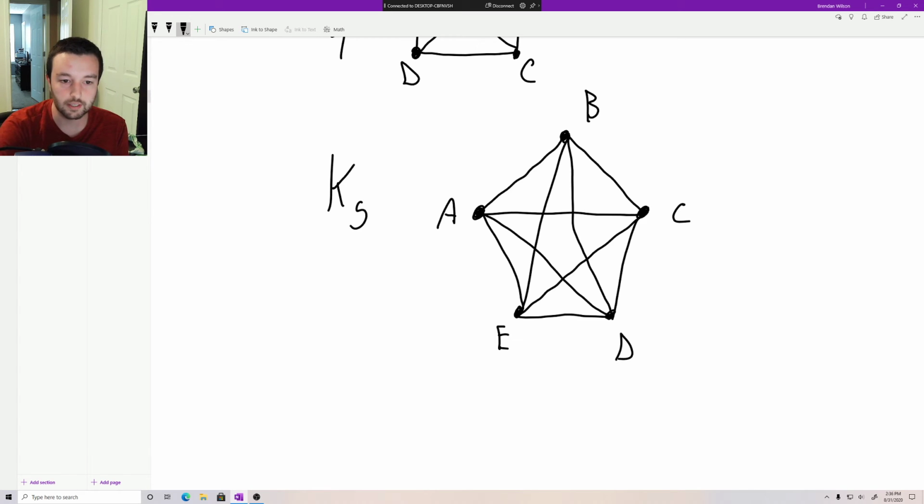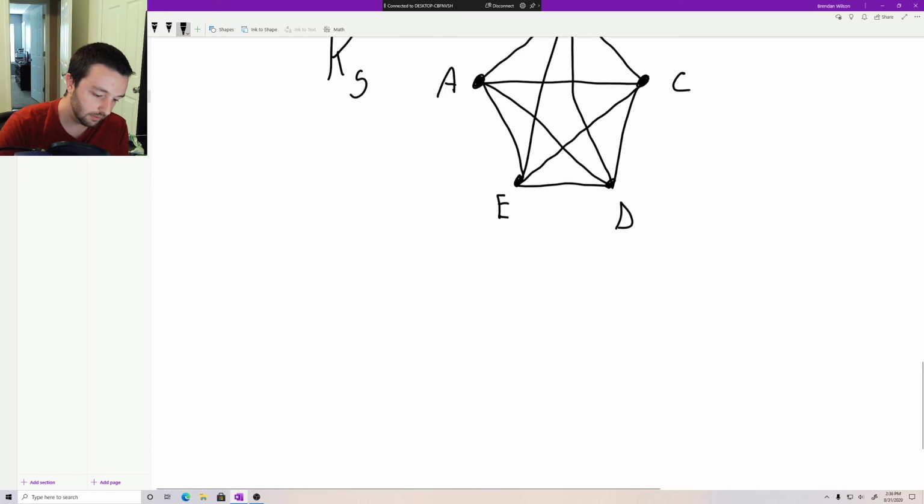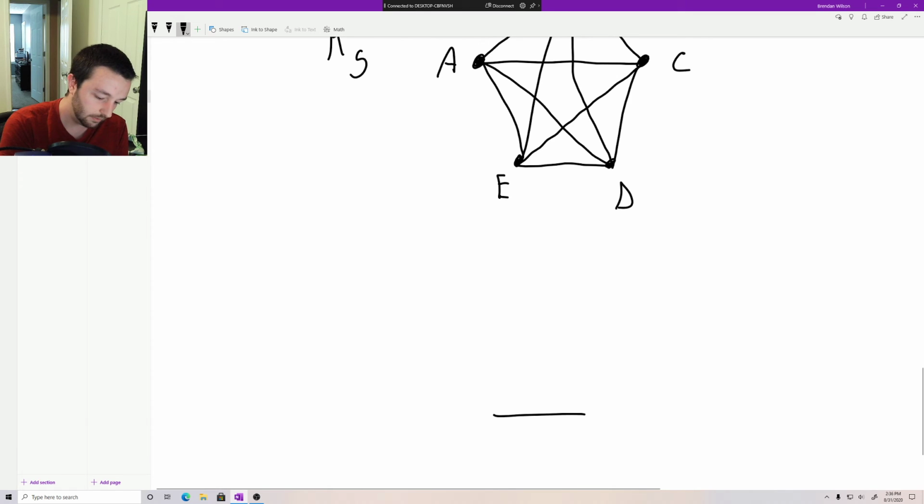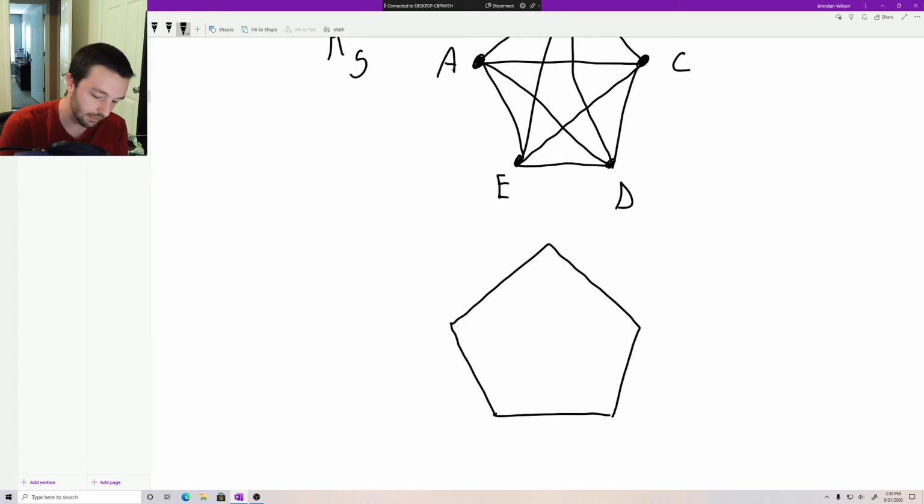So this is what it would look like. It has like a star in the middle. I didn't draw it too well. Maybe I can do a little better of a job underneath it here if I do it from scratch. So we have like a pentagon and then like a star in the middle. Okay.